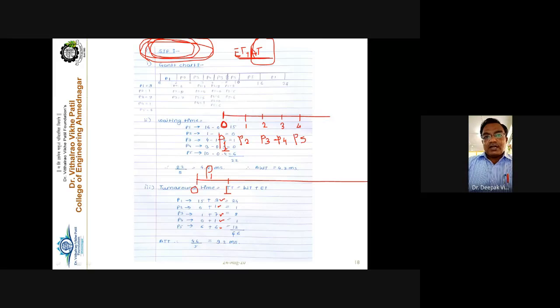When the comparison starts at 1 millisecond, because at 1 millisecond the second process arrived, that is called the P2 process. So at this particular instance, how many milliseconds are remaining for P1? P1 has already executed 1 millisecond, and 8 milliseconds are still to go for the P1 process, right? For P2 it is equal to 1.